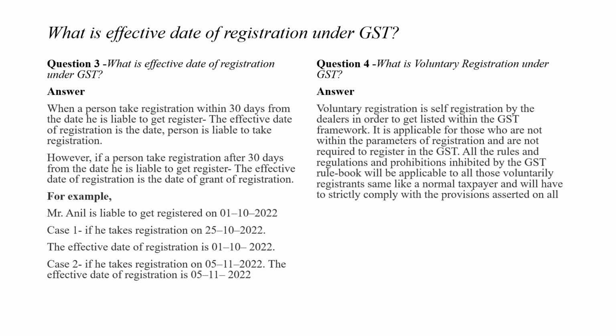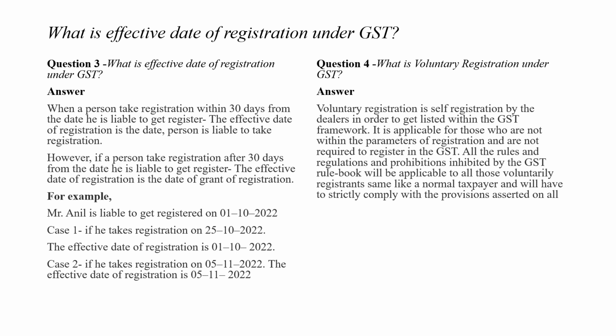Now we are proceeding to the very important next question. What is voluntary registration under GST? Voluntary registration is self-registration by the dealer in order to get listed within the GST framework. It is applicable for those who are not within the parameter of registration and are not required to register in the GST.